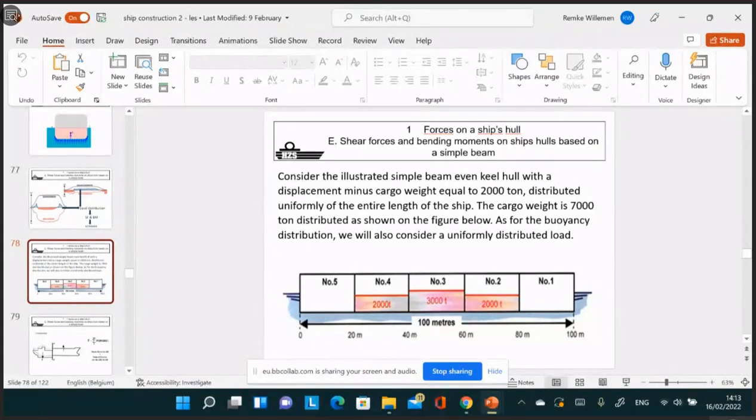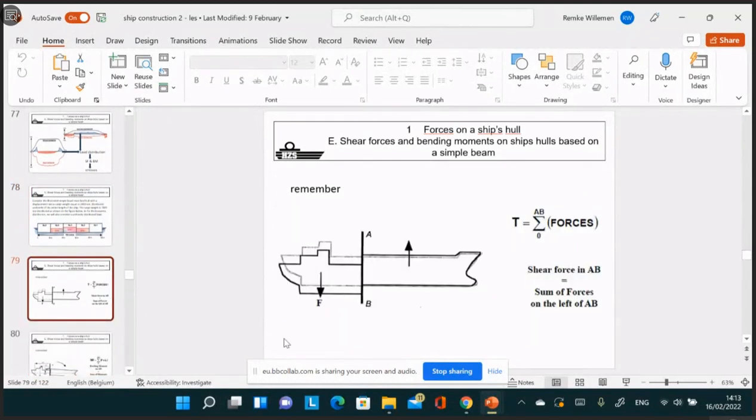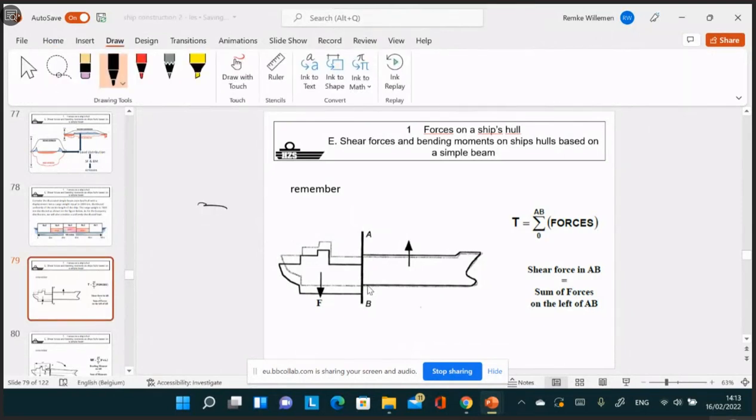Some might see already that you can compare this problem with what we have seen so far. How do you have to see shear forces? Shear forces, again, you have to look at as the sum of all the forces acting upon the beam. So at a certain cross-section, at a certain position along your vessel, consider yourself as a microbe somewhere at a cross-section, in this case visualized by the cross-section AB.